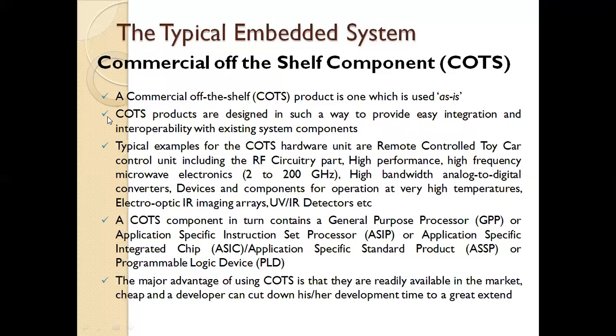COTS products are designed in such a way as to provide easy integration and interoperability with existing system components. An example is a remote control toy car control unit including the RF circuitry part. This is the best example for COTS, which is operated and used as it is.